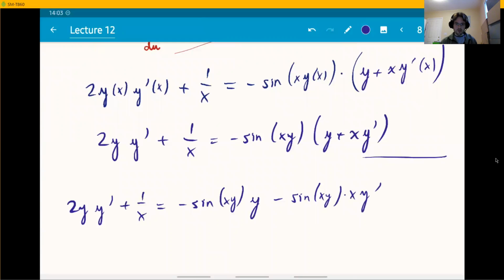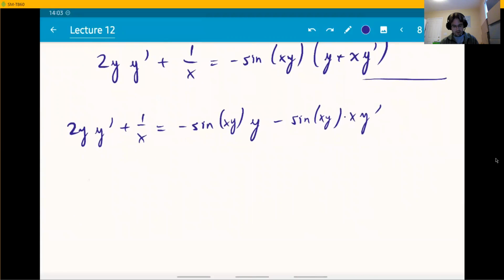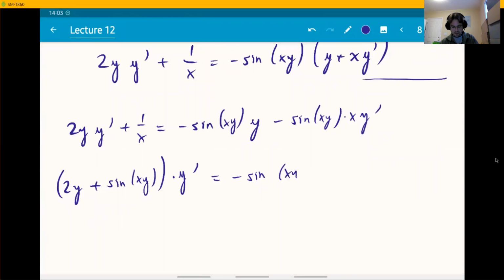You see that this equation has a bunch of terms containing y prime and a bunch of terms not containing it. So move all the y primes to one side and factor the y prime. On the left side, I have everything that had y prime, and I factored the y prime. And on the right side, everything that did not have y prime.